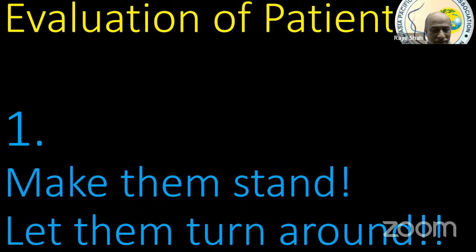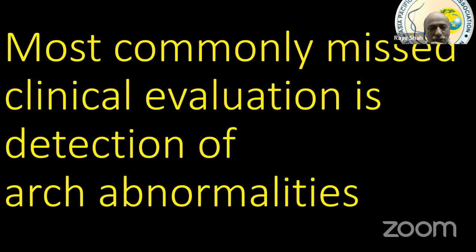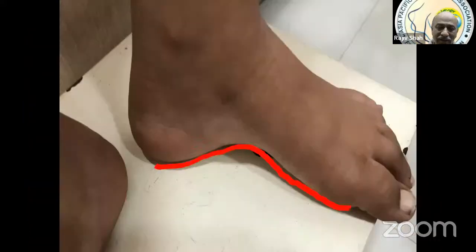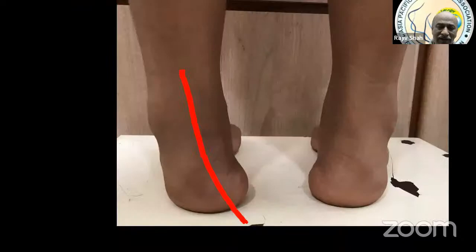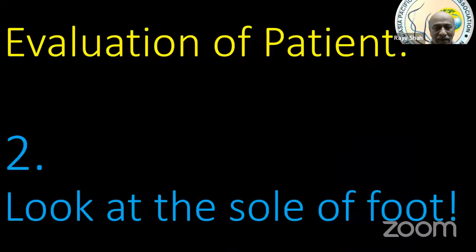So the first thing somebody said, make them stand, and most importantly, let them turn around or you turn around the patient. The most commonly missed clinical evaluation is the arch abnormalities, either planus, cavus, valgus, varus. This is the second important thing.